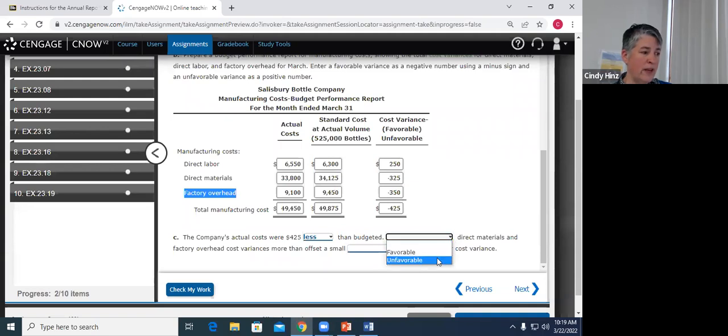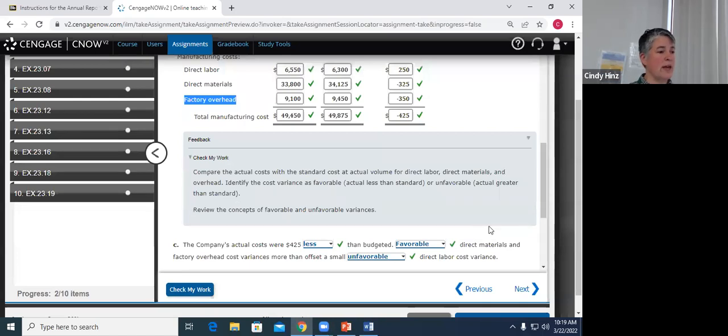Direct materials and factory overhead were favorable, and then there was an unfavorable direct labor variance. So again, we can tell because of the negatives and positives. It's important that we have those negatives and positives correctly positioned so that we can simply sum this column rather than having to think about which ones have to be added and subtracted to come up with our total.